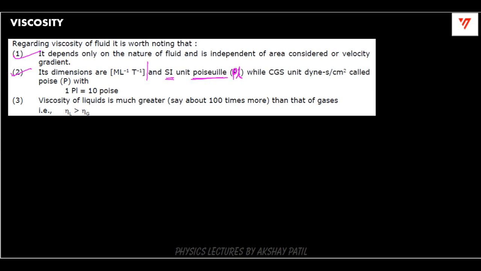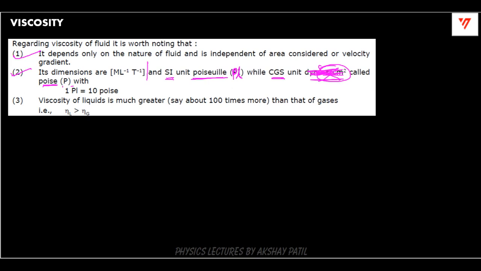In CGS, which we will be using most of the time, the unit is called poise, simply given as P. Forget about the dyne second per square centimeter, don't consider this. Just keep in mind the SI unit is Poiseuille PL and the CGS unit is P.